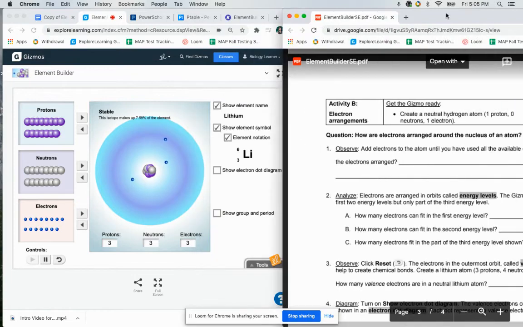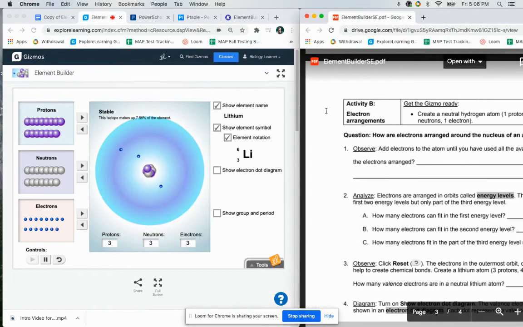And then it's going to ask you about energy levels. So right here, you're going to show the energy level. Okay, and here are the electrons. And if you notice, there's 2 right here, and then there's one on this second energy level.